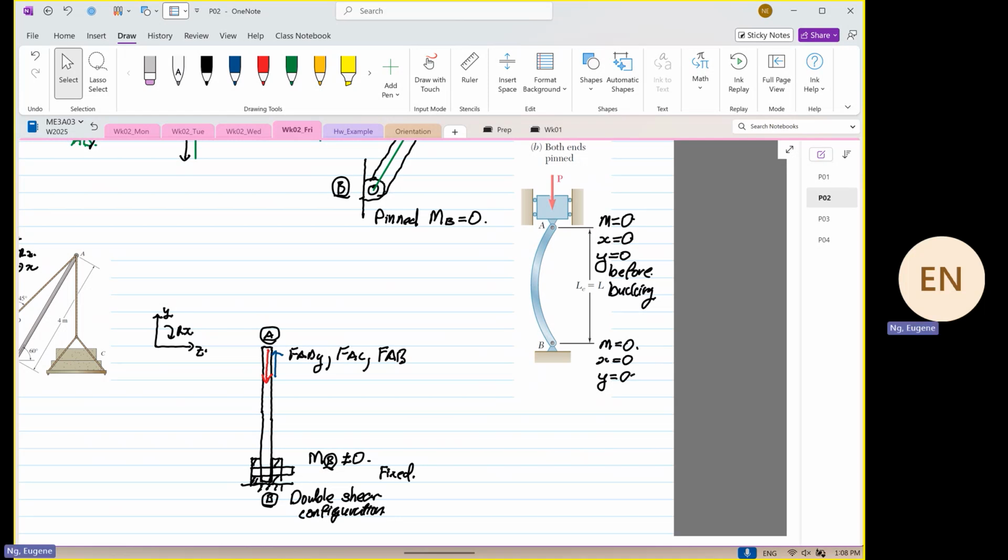Okay. Now I'll give you a different question. If we have a P coming down here, let's say this is the overall resultant P. How will the structure deform?